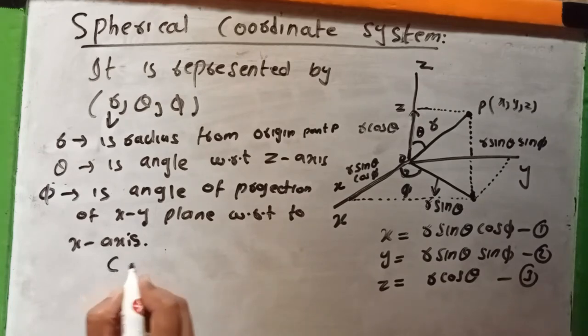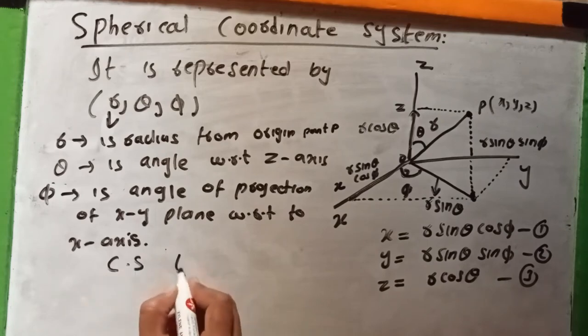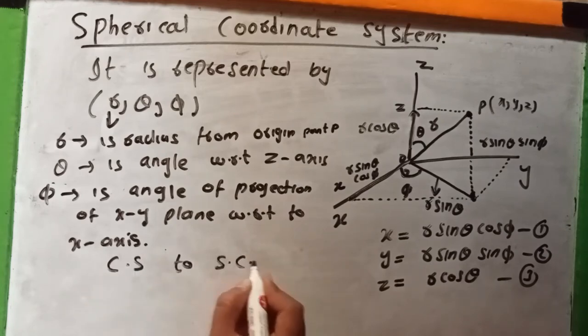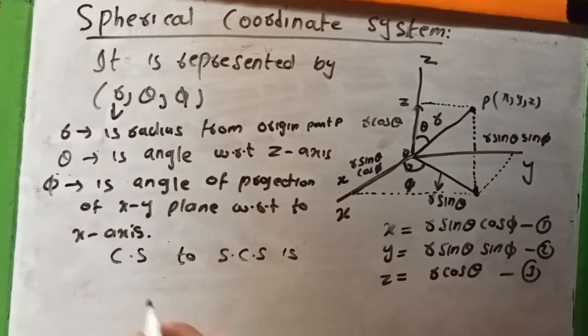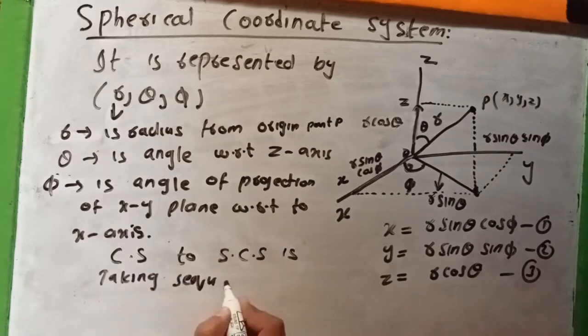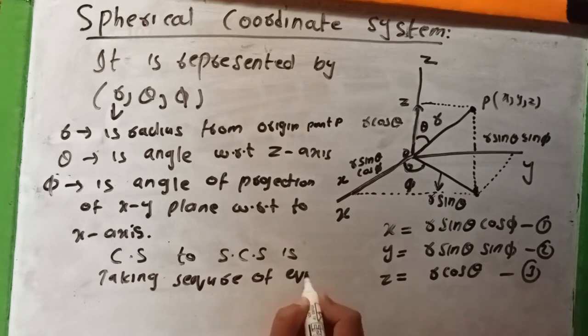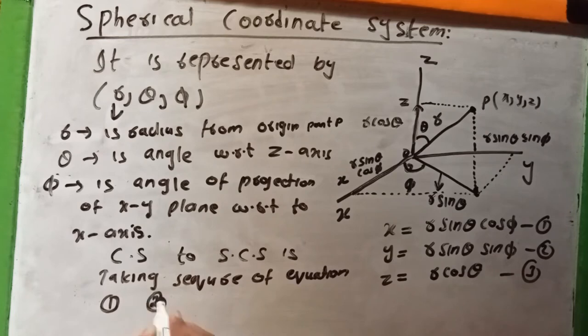To convert from Cartesian coordinates to the spherical coordinate system, take the square of equations 1, 2 and 3 and add them.